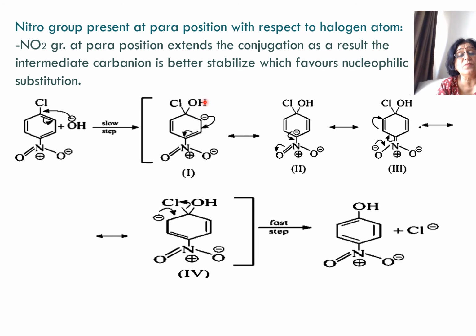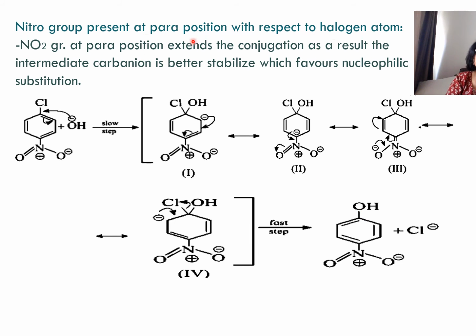The carbon-chlorine and carbon-OH partial bonds are formed, and finally the chloride leaves and the C-OH bond is formed. So this reaction happens because of the delocalization of electrons, because of the plus R effect in the ring, and because of the nitro group, the electron density on ortho and para positions is increased. And finally, this chlorine leaves and the C-OH bond is formed completely.